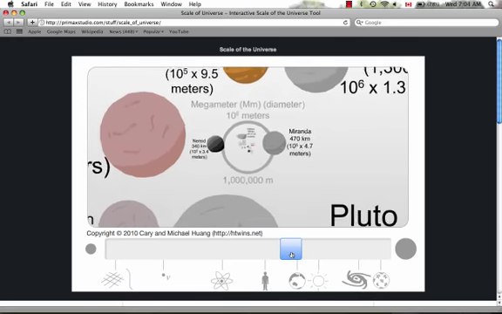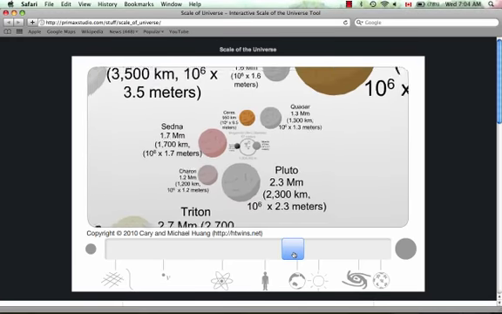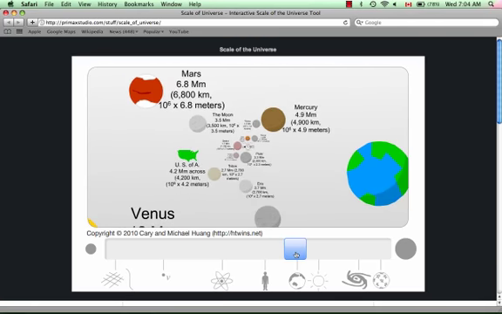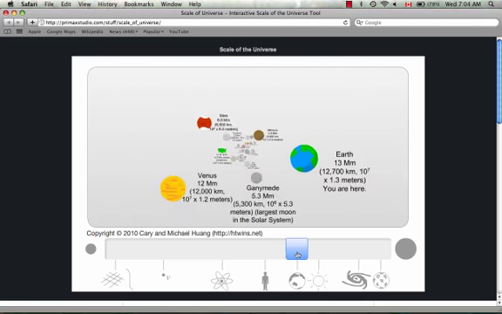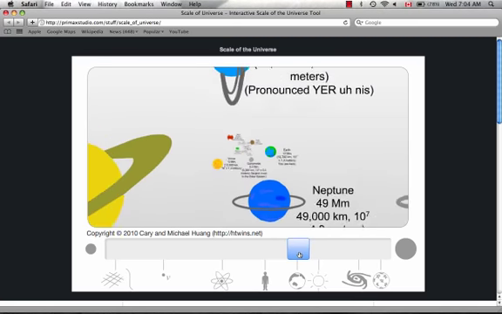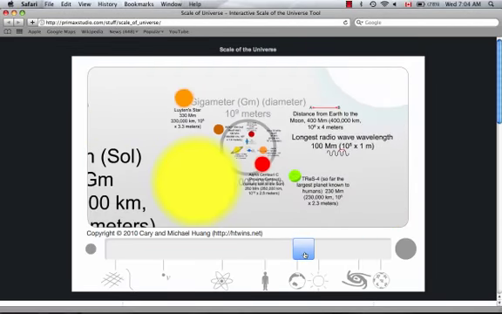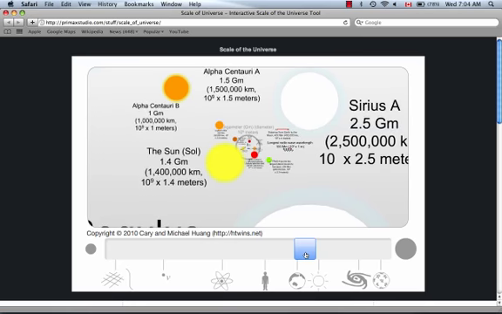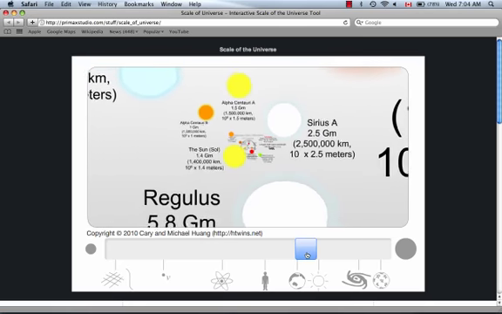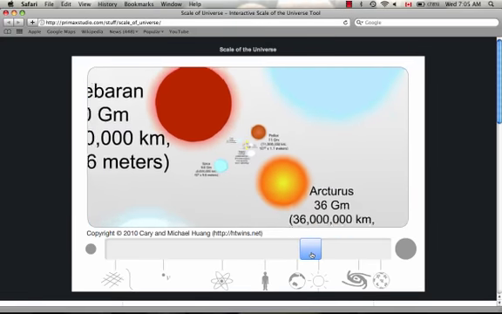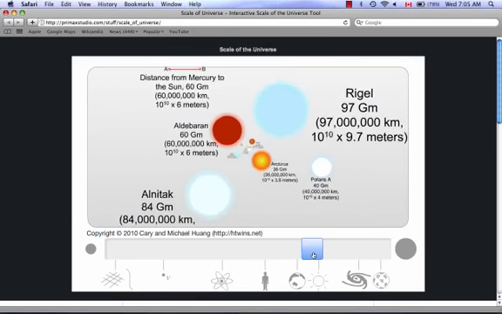Let's keep zooming out. And now we're into sizes of some asteroids. Pluto, Mercury, Mars, Earth and Venus. There's Neptune in size. And our sun. A few other types of suns as we zoom out. Different stars.